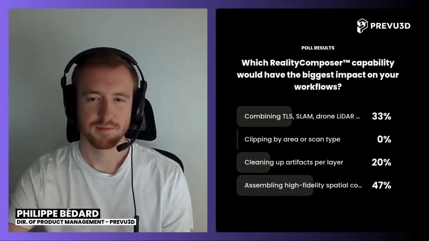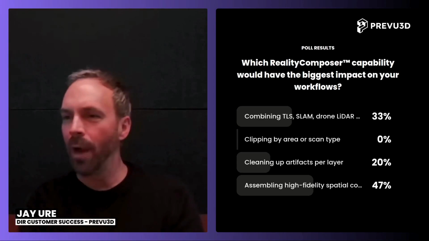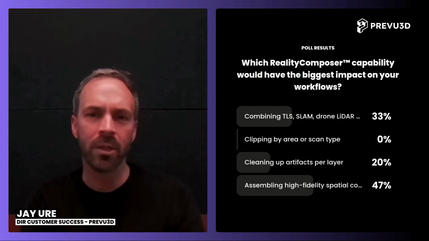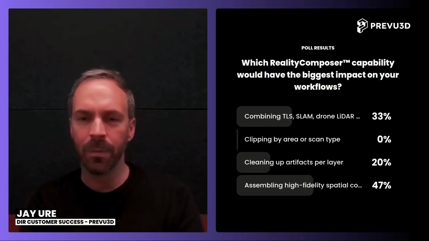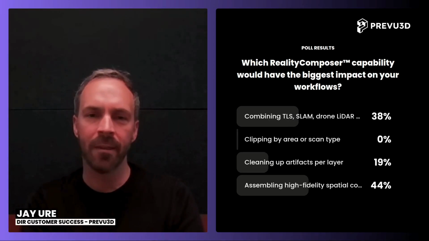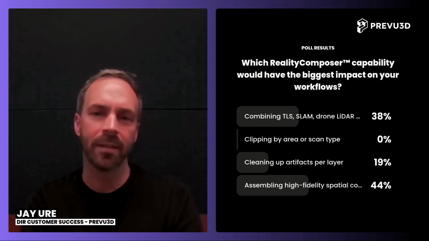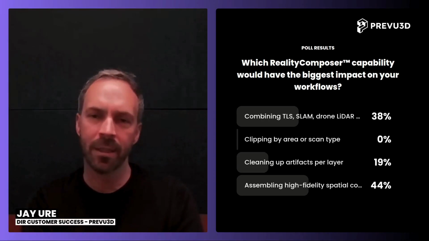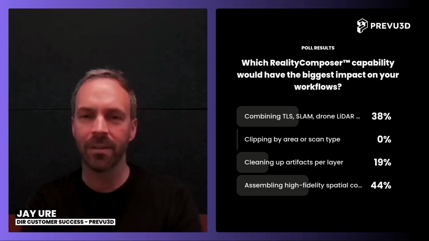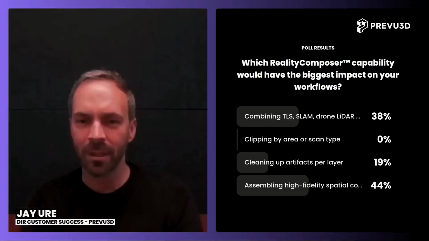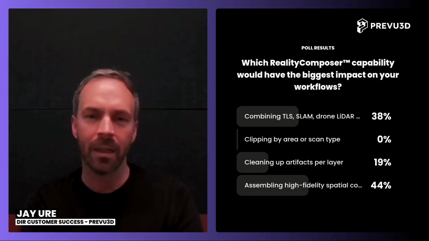Great ending comment. Let's wrap up with the poll. Which RealityComposer capability would have the biggest impact on your workflow? It looks like assembling high fidelity spatial data is going to be the winner at 47%, followed by combining TLS, SLAM, and drone LiDAR data sets at 38%. Oh, we're actively still moving. I love it. But we're still in the lead with the assembly, and then cleaning up artifacts at 19%.